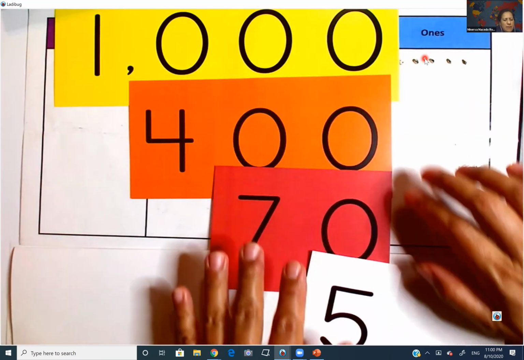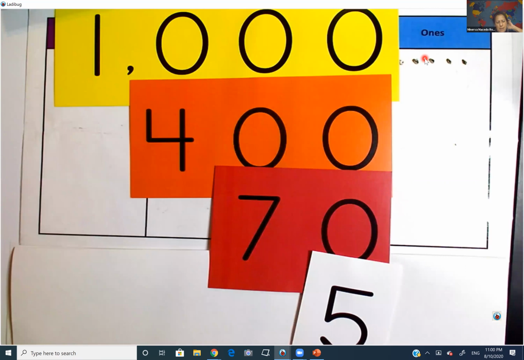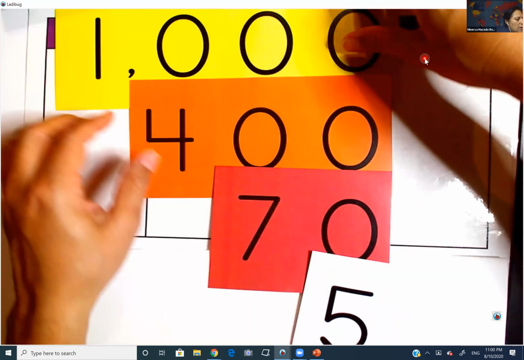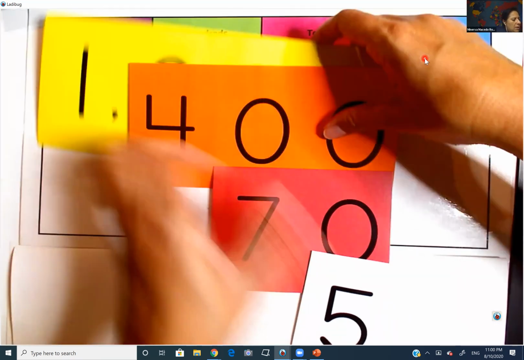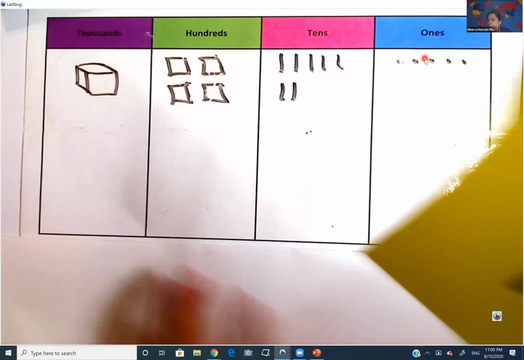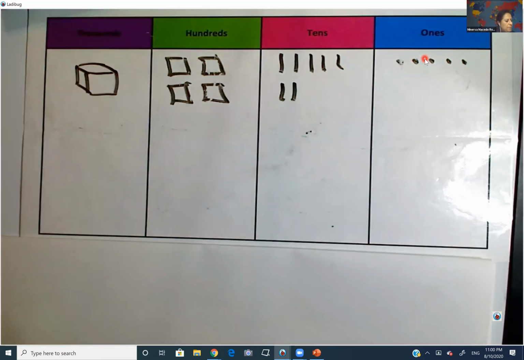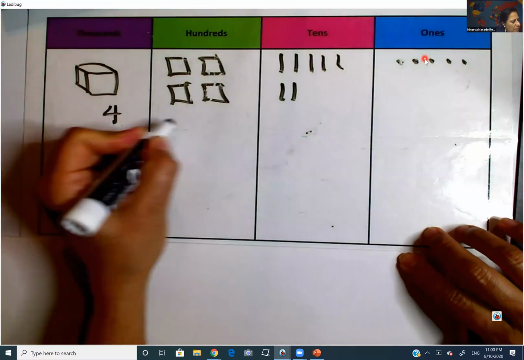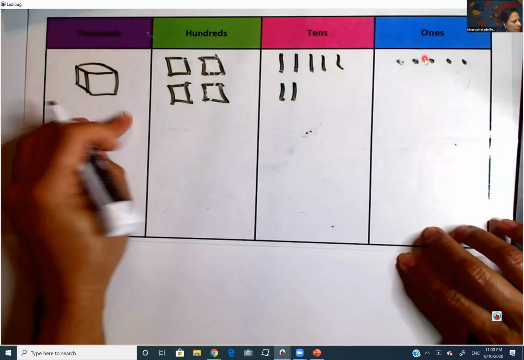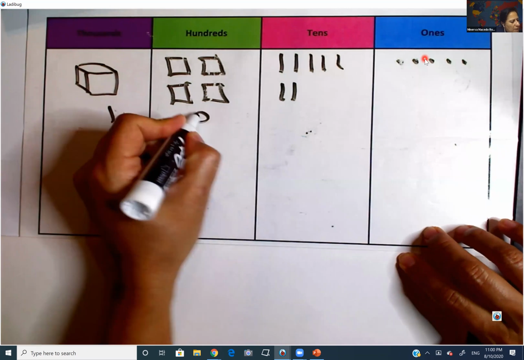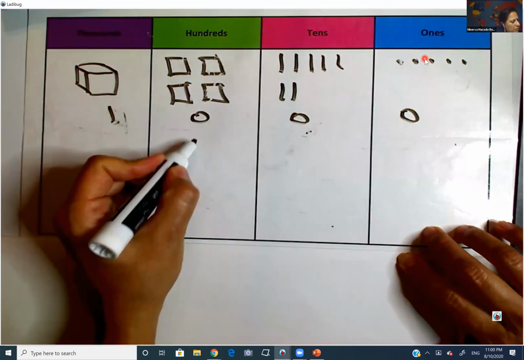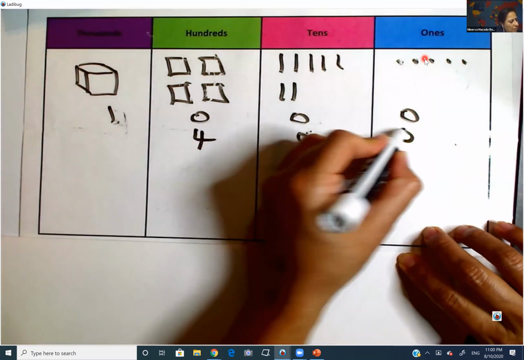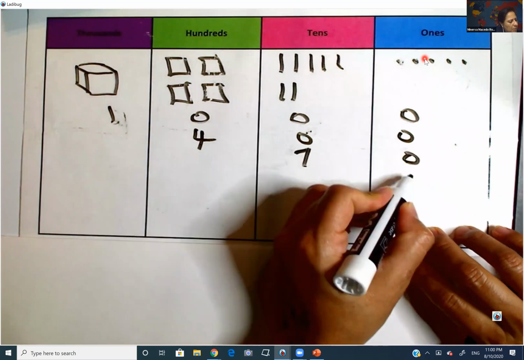Now, once we have this, we can prove it and show the answer by adding the numbers we have here. So let's do that and draw it here on the place value chart. So I can do 1,000 plus 400 plus 70 plus 5.